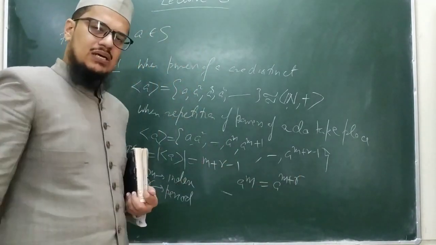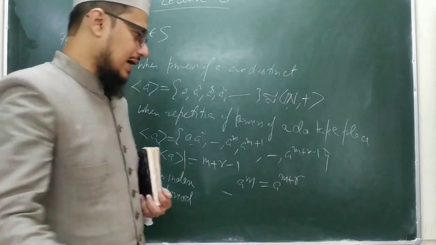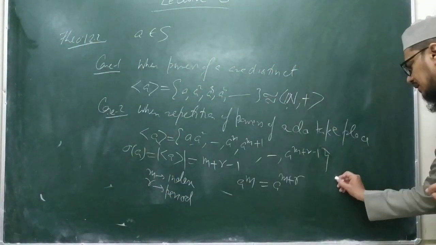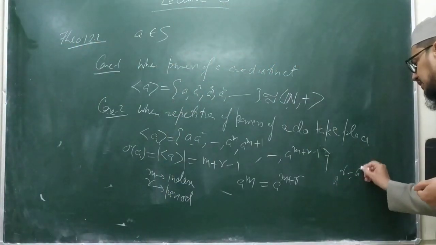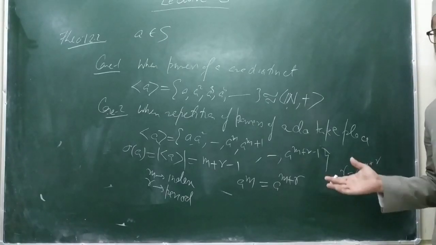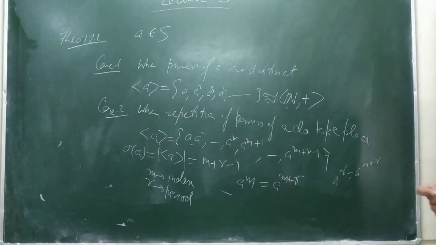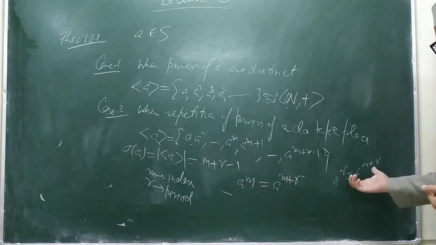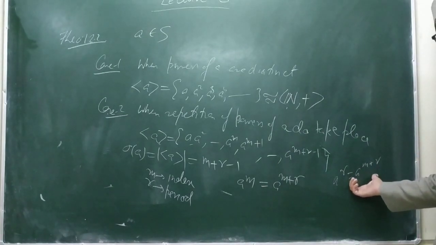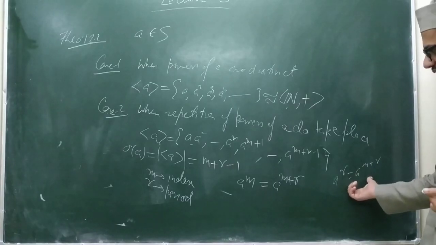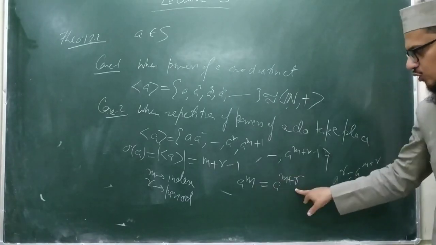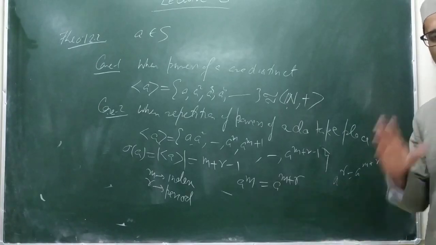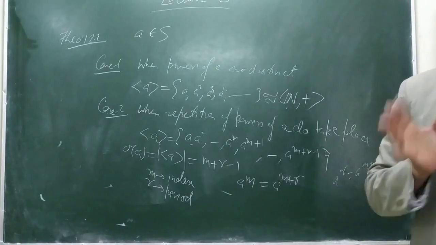In the previous lecture, by mistake, I wrote A to the power m, A to the power r is equal to A to the power m plus r at some place. One student brought it to my notice that I had written this wrongly. The fact is that A to the power m is equal to A to the power m plus r. So always try to see the board with a mathematical eye.